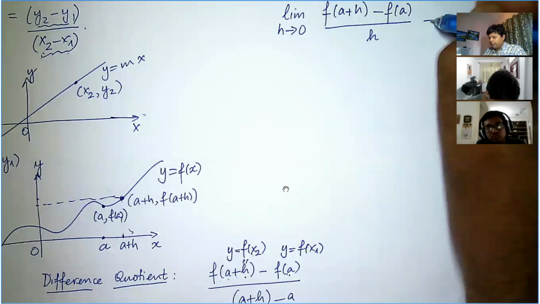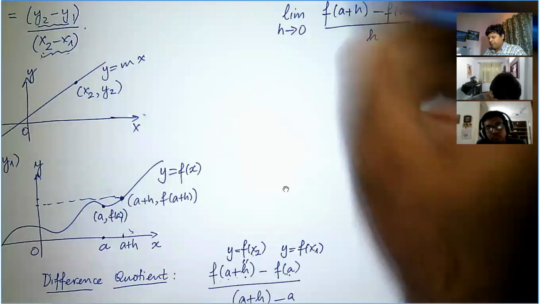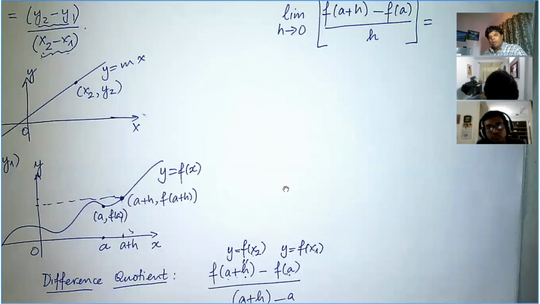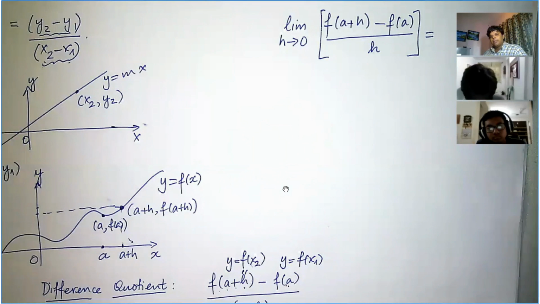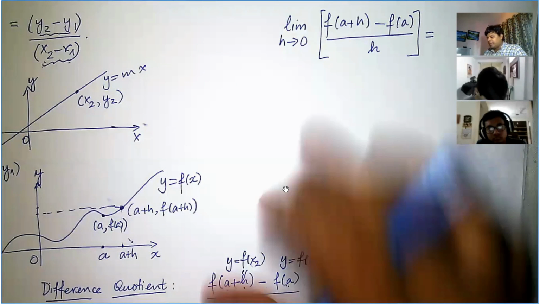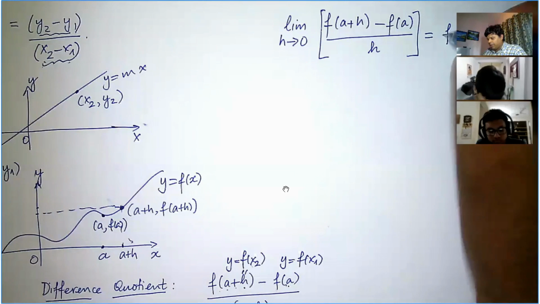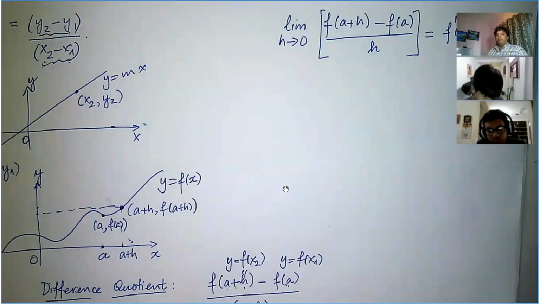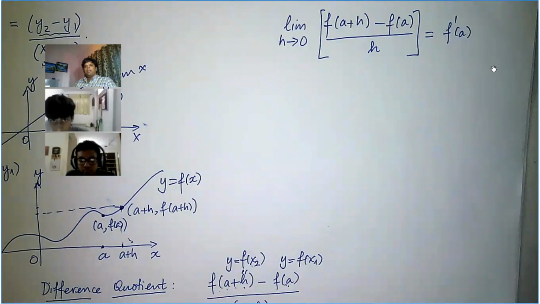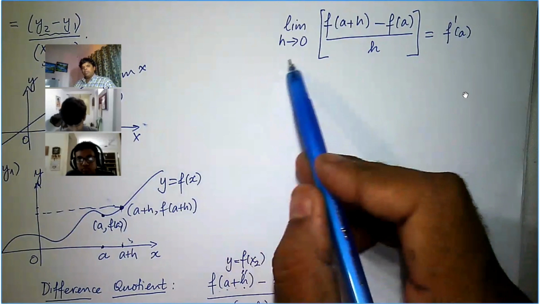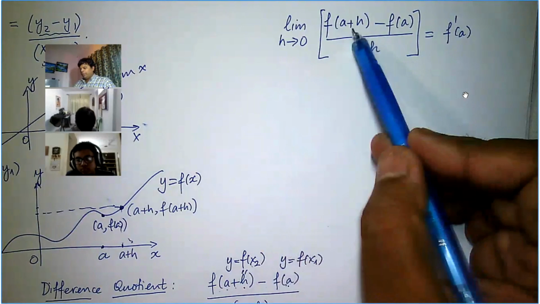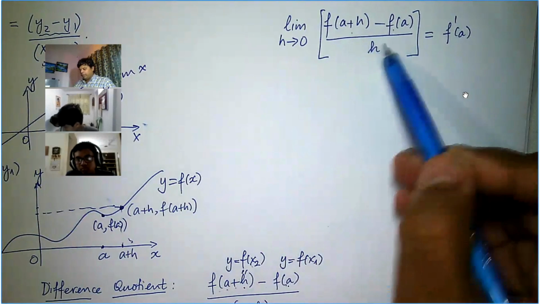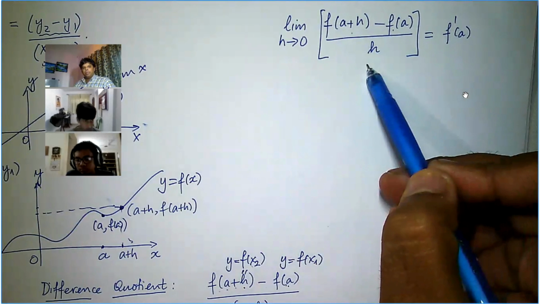Now what is the thing about limits? They may or may not exist. If this limit exists, then I'll call it f dash of a. Fine? So f dash of a is nothing but limit as h goes to 0, f of a plus h minus f of a divided by h.